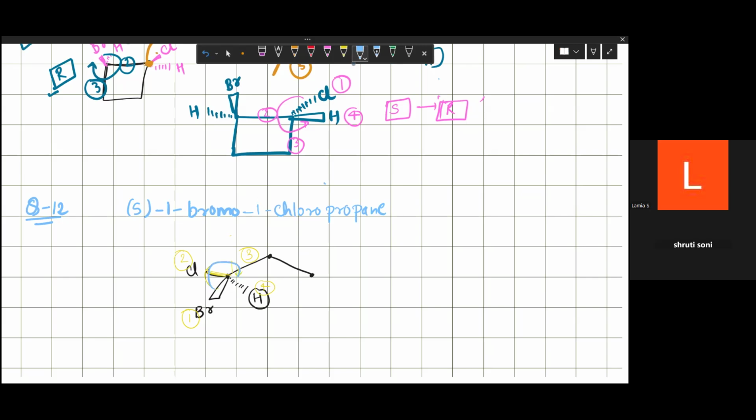Are you sure? Oh, wait, sorry, clockwise. Clockwise means R. Do I need to change it? Because it's on dash, no, you don't need to, right? Okay, good. So is my representation of the molecule correct?